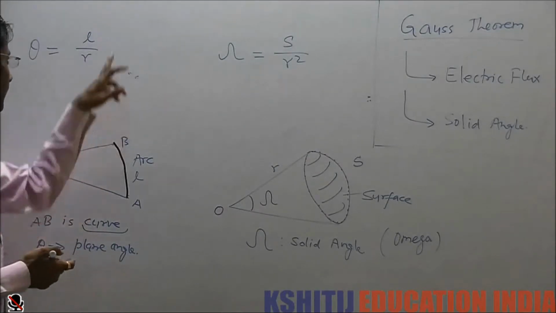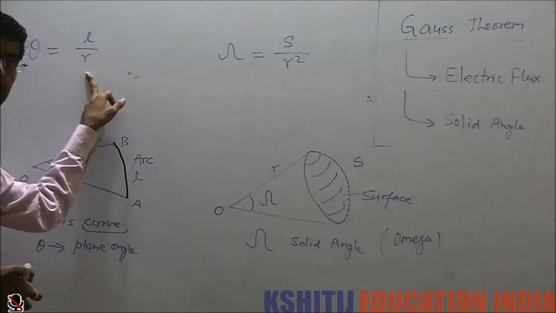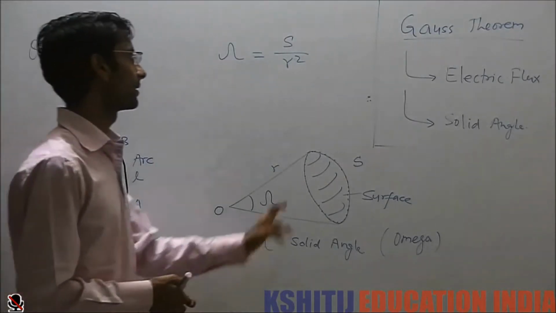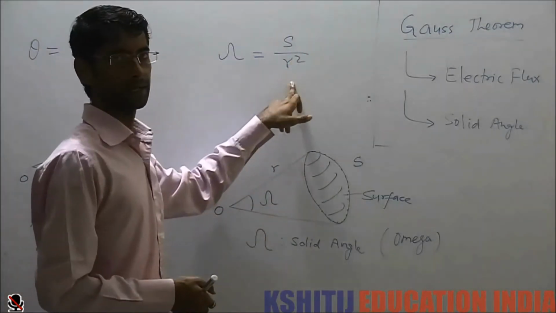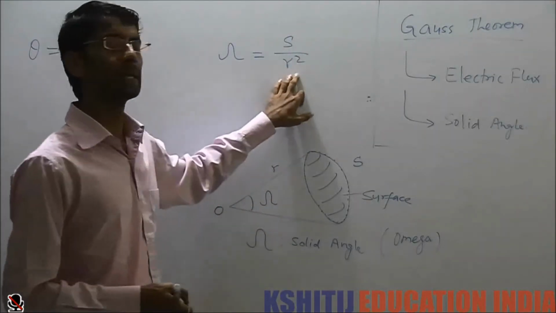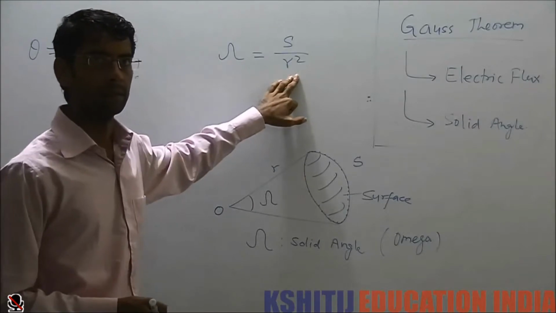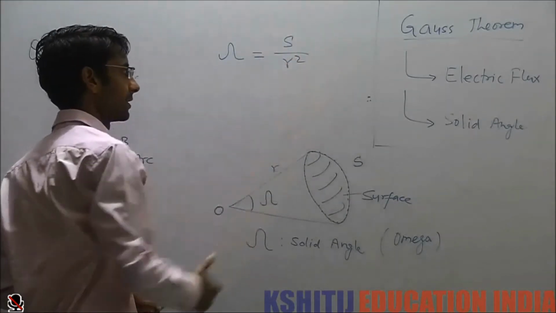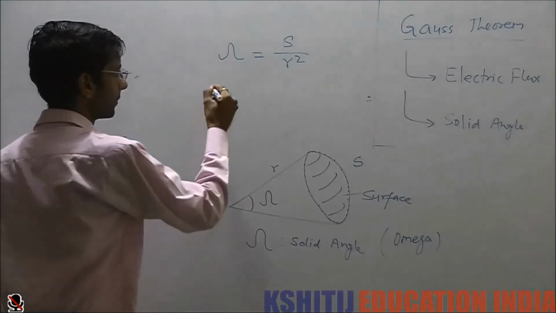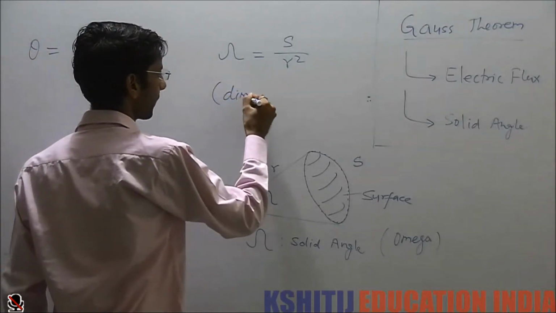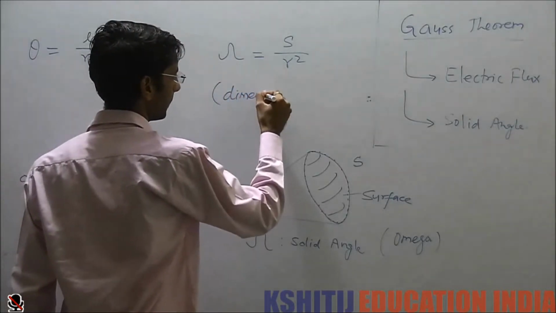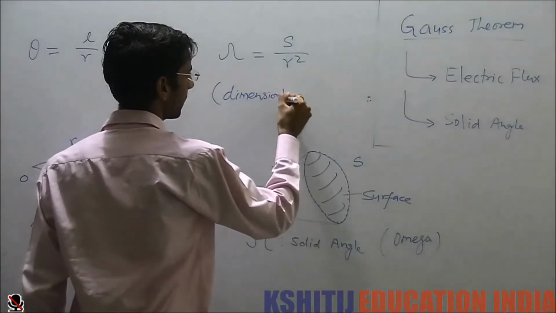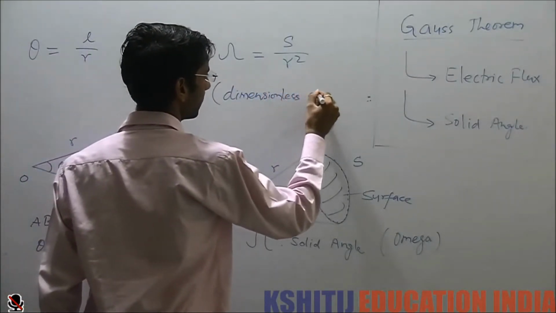This is L by R, a dimensionless entity. Similarly, this is surface area by r square, again a dimensionless entity, because the surface is meter square and it cancels with meter square. So this is also, just like plane angle, a dimensionless entity.